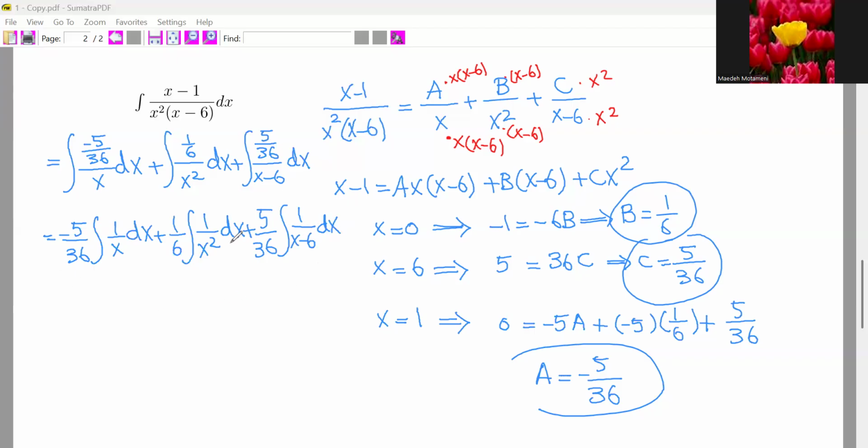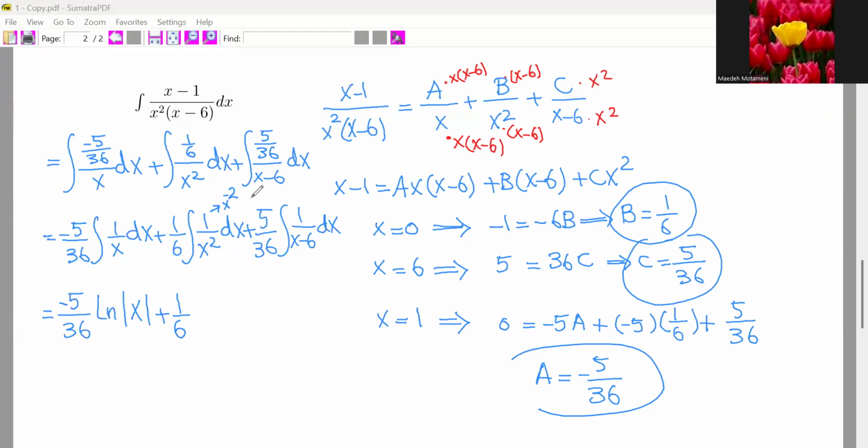Whenever you have fractions, think of ln. And that works here because we know that the derivative of x is 1, which is on top of that. So ln of absolute value of x plus 1 over 6. But in here, 1 over x squared will be rewritten as x to the power negative 2.